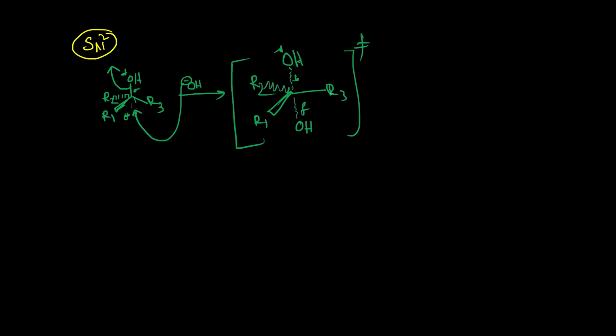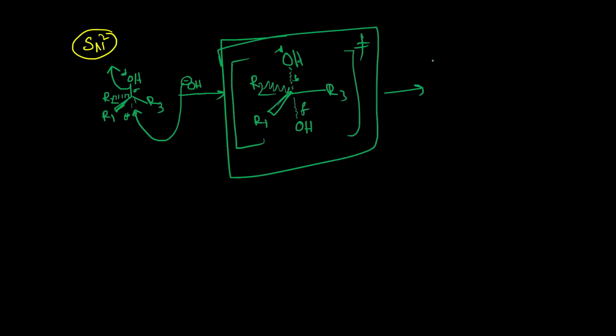This is basically our transition state. This is not an intermediate, so practically we cannot isolate this compound. Finally we are getting OH, R3, R1, R2, like this. This will be our final product.